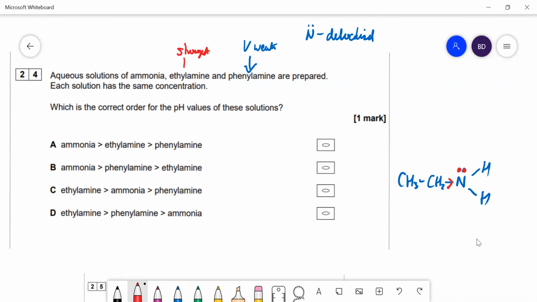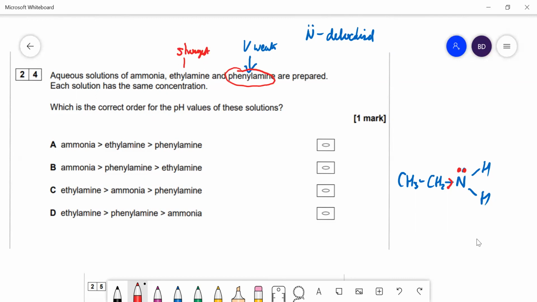The one that gives the lowest pH is going to be the phenylamine, because it's going to be closer to 7. Right, so I think it must be the highest to lowest first.